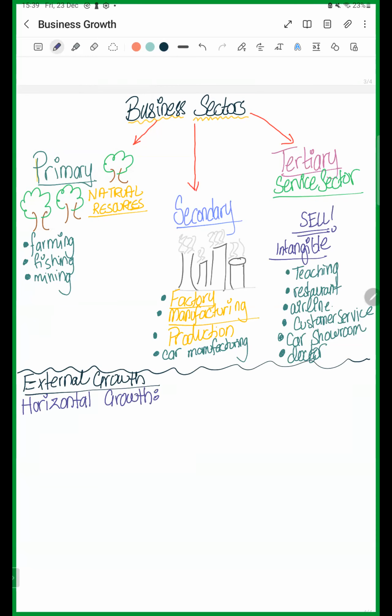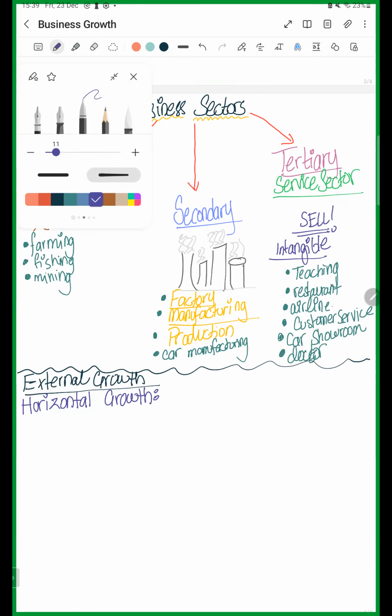Horizontal growth is really, really simple. Two companies that are in the same sector at the same level of production, they merge or they take over, whatever it is that they're doing, they work and they join hands.